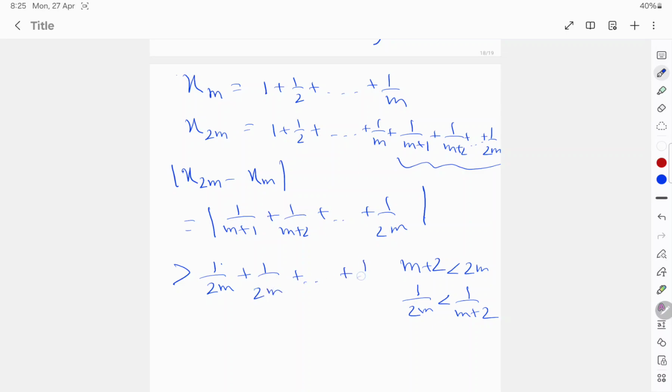In this way, if you write all of them, now see how many terms there are. This is one term, this is two terms, and from m plus 1 to 2m, you can think of it like m plus m, so 1, 2, dot dot dot, this is m terms. So how many 1 by 2m terms are you getting? m times, right?